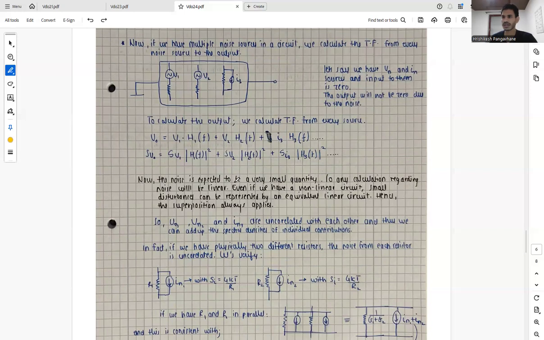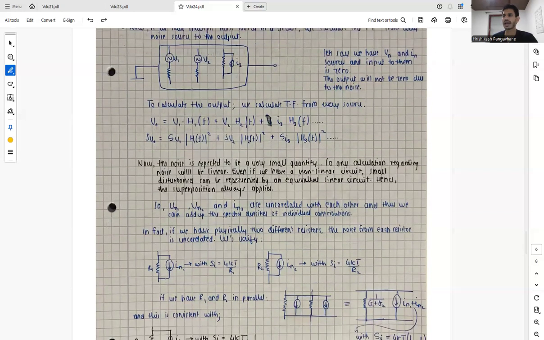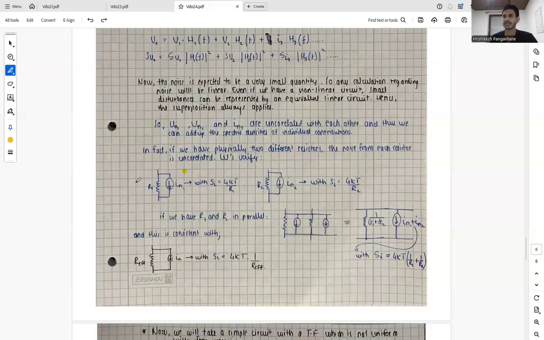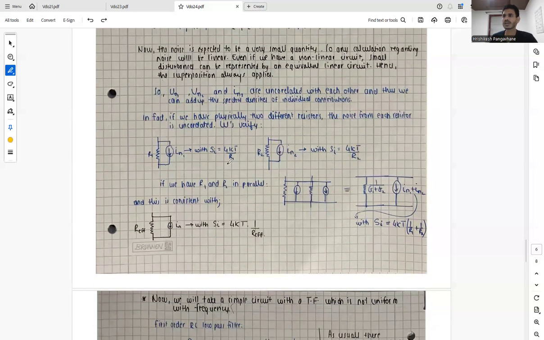The noise from each resistor is uncorrelated, and let's verify it by taking a simple example. So we have this structure over here where the noise through this resistor is represented by In separately, and it has S_I of 4kT by R1. And similarly, we have R2, and it has an S_I of 4kT by R2. So if we have R1 and R2 in parallel, it will somewhat look like this.